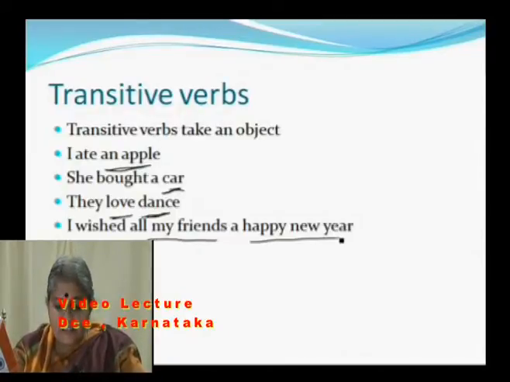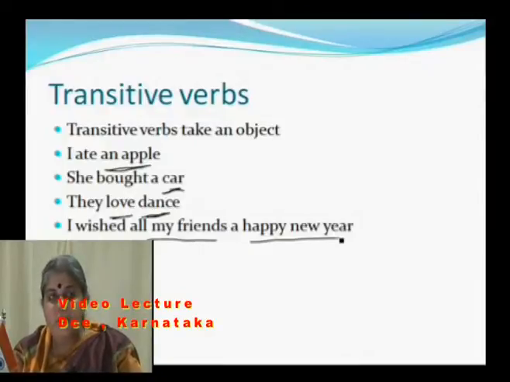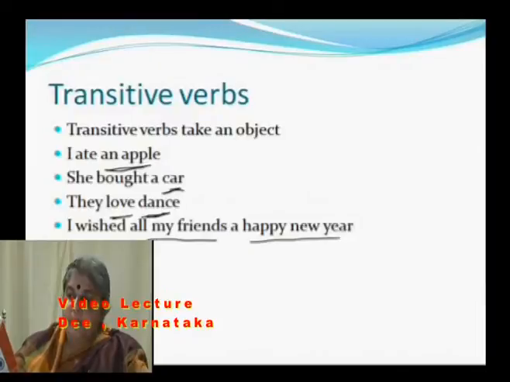She bought a car, object. They love dance, an object. Then, I wished all my friends a happy new year. Two objects are found here. So, this is a difference between a transitive verb and an intransitive verb.